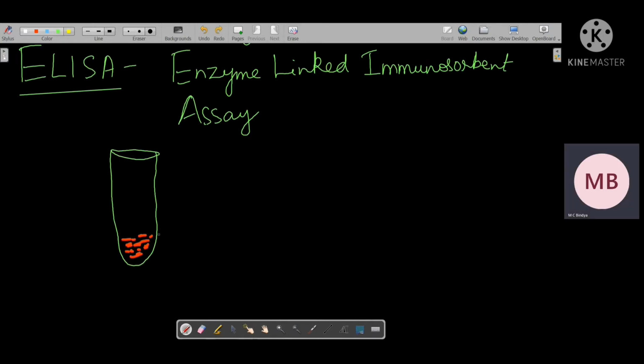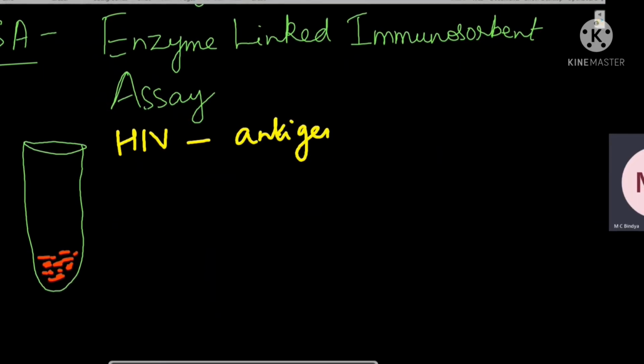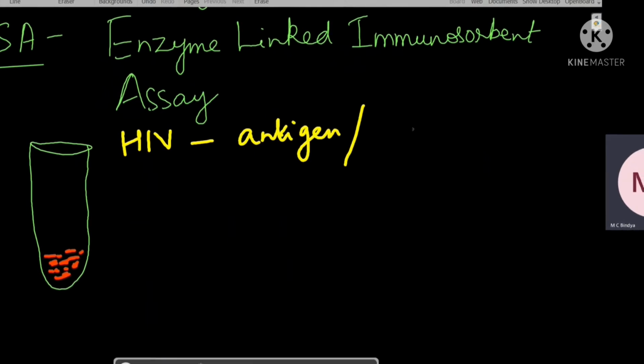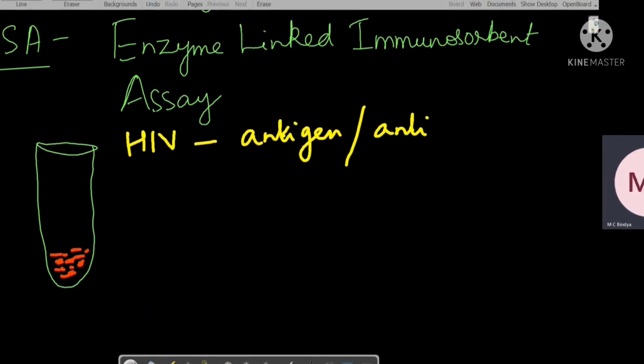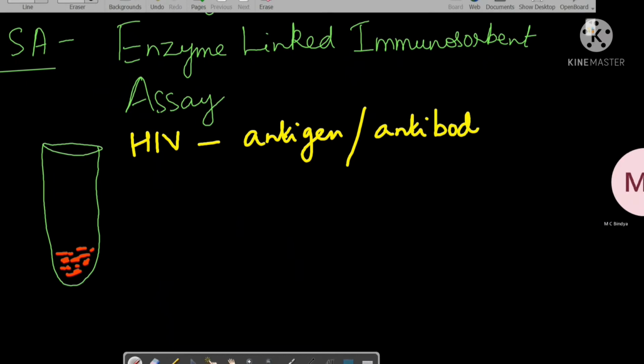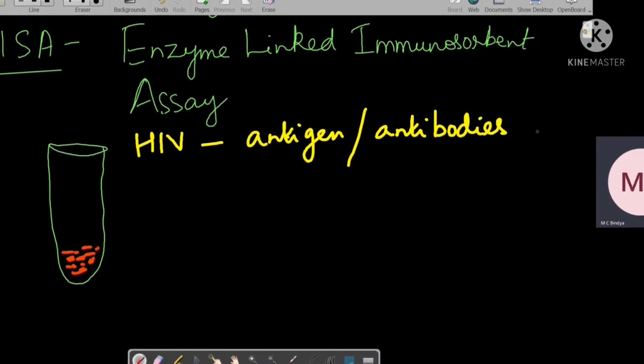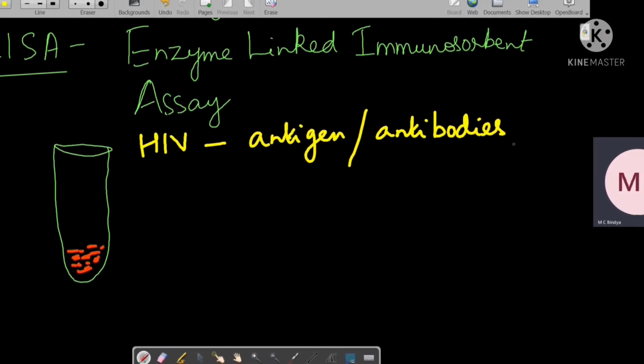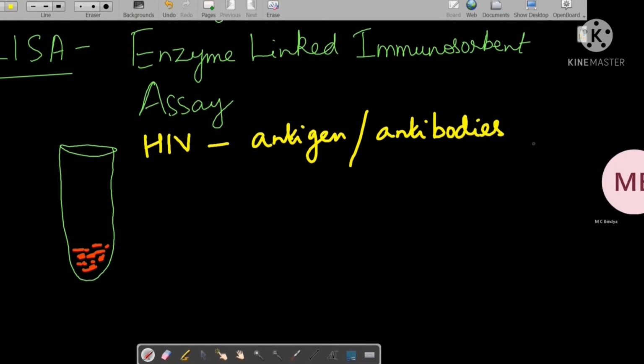In this method, the blood sample will be collected from the patient in order to find out whether they have any HIV virus present. For that, they can either check whether the antigens of the HIV virus are present, or they can check the antibodies that the patient might have produced if antigens were present.